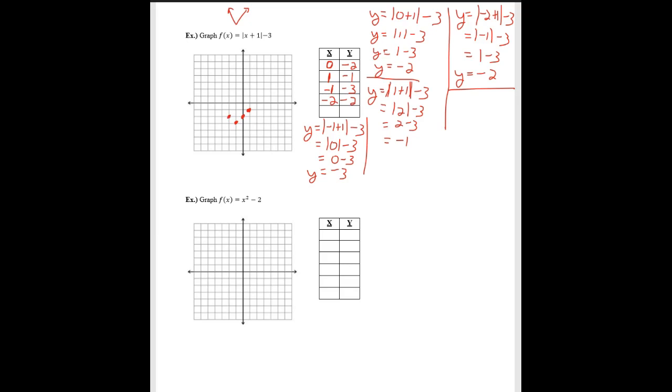Let's do one more in the negative direction. Replacing x with negative 3. Negative 3 plus 1 is negative 2. And the absolute value of negative 2 is positive 2. 2 minus 3 is negative 1.